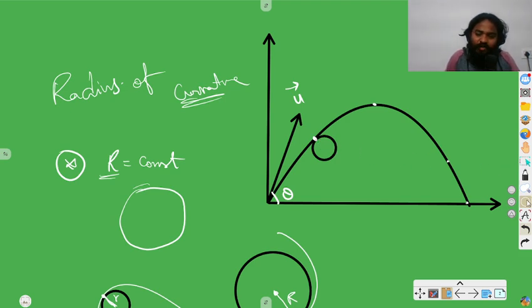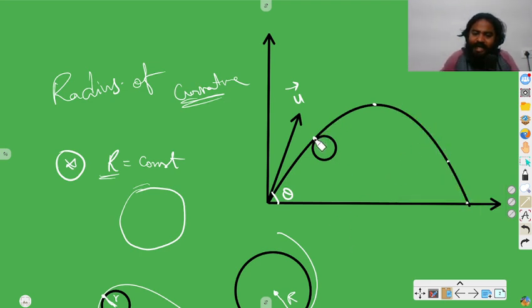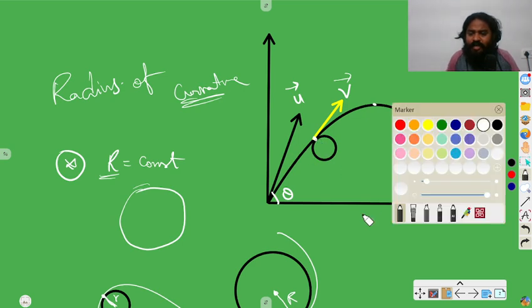First you have to find the velocity at this point, the tangential velocity at that point. How do you calculate this velocity? You have already learned in projectile motion. First you find the x component. You know the x component is always constant.